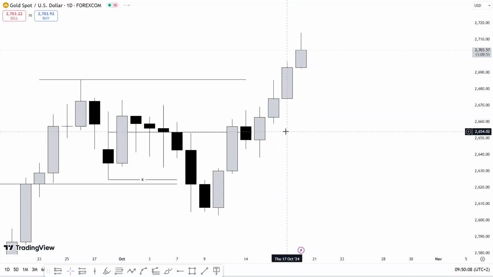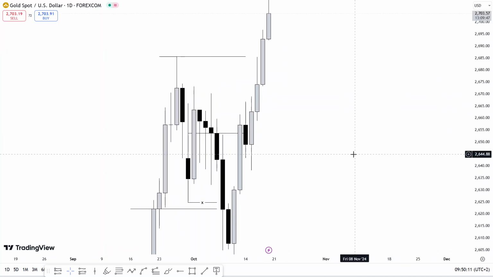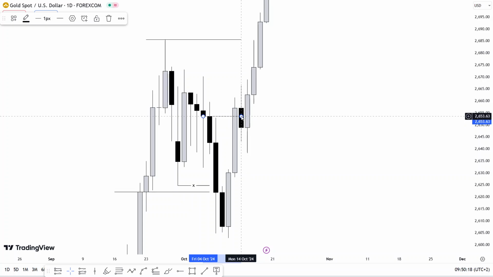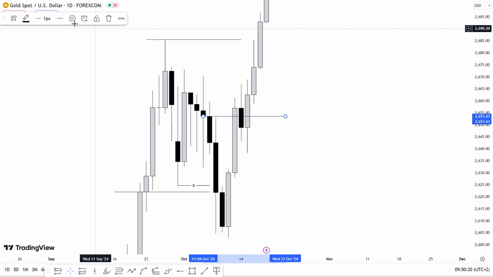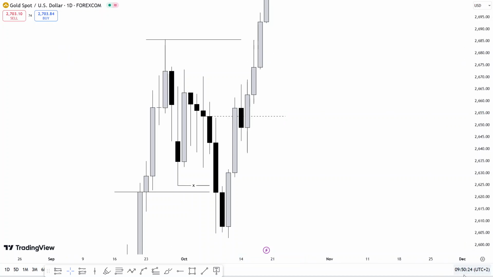Then on the daily, so here on the daily, I remember this level, we were trading into it, right? It's a weekly level. We're going to check where Monday was. Today's Friday, right?